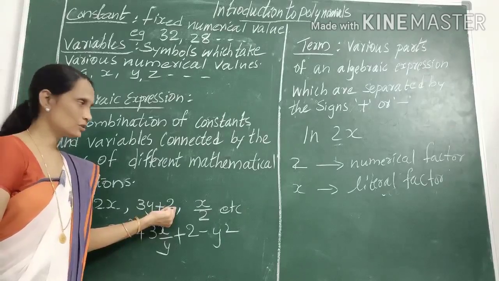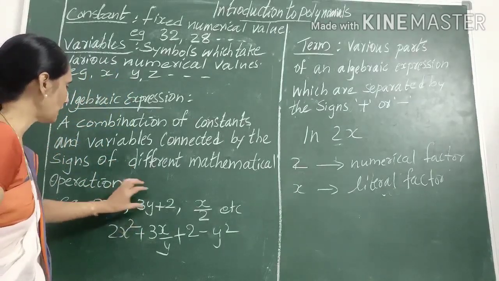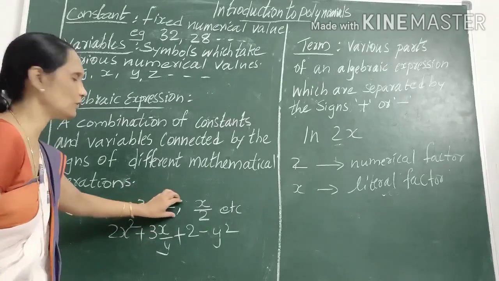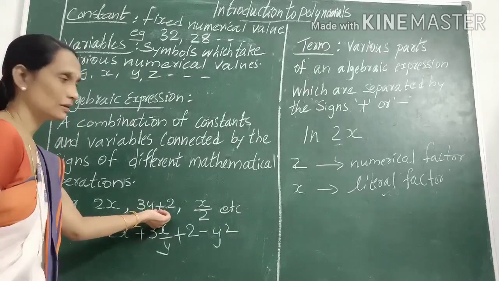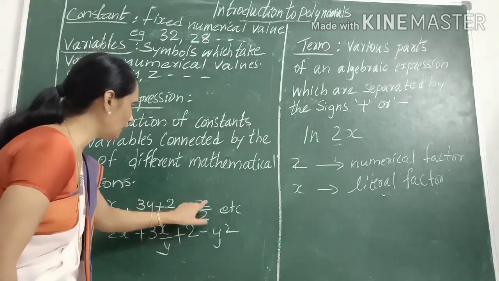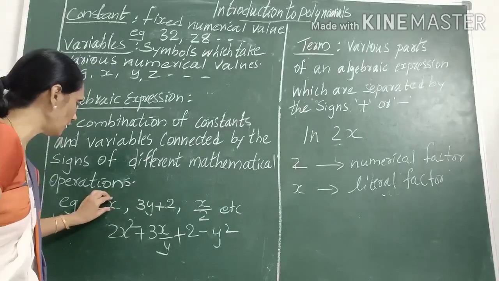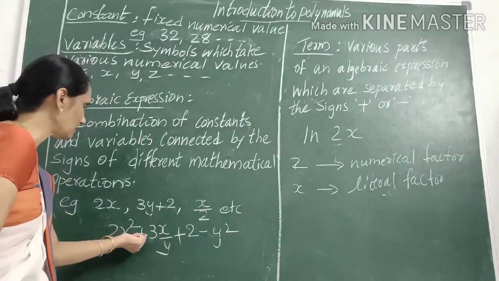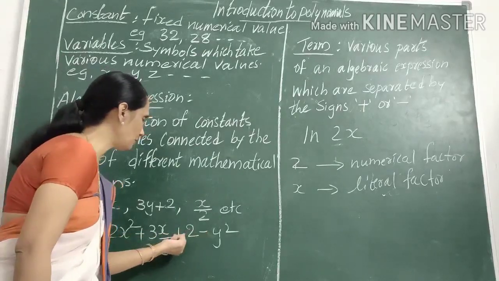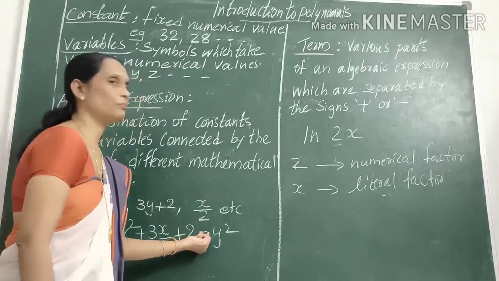Right? So now let me tell you, 3y and 2 are connected by an addition symbol. Here there is no addition or subtraction symbol. Here also there is no addition or subtraction symbol. Coming to this one, there are addition symbols and subtraction symbols.